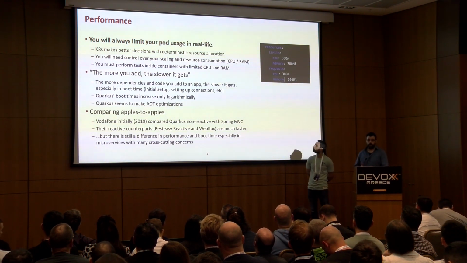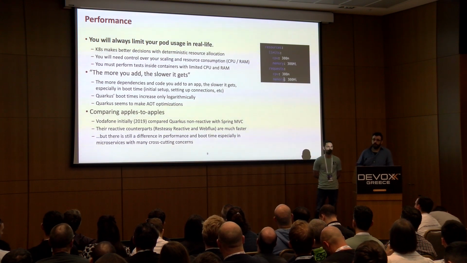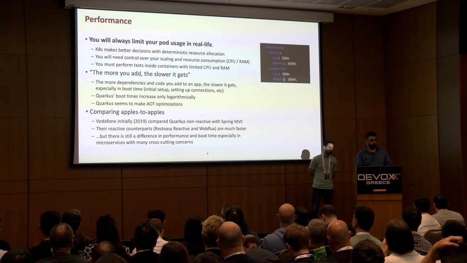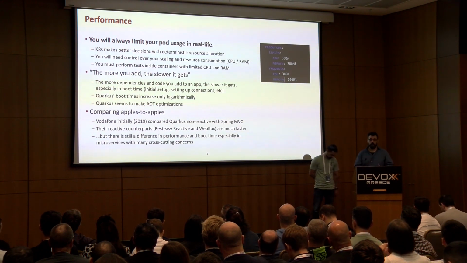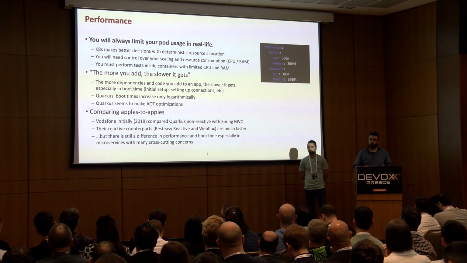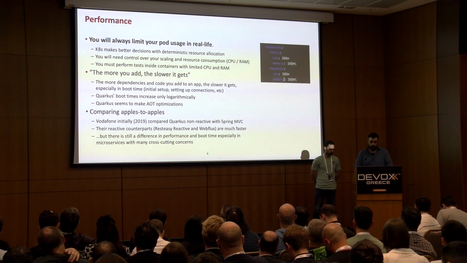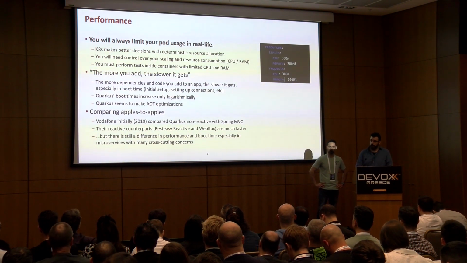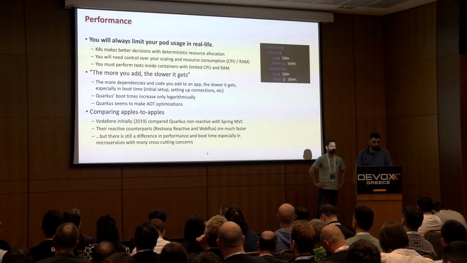And you should do that because Kubernetes always makes better decisions about scheduling your pods, scheduling the workload, scheduling how many requests each pod will have based on those factors. And the more deterministic you are about your resource consumption, the better Kubernetes will behave on your pods.